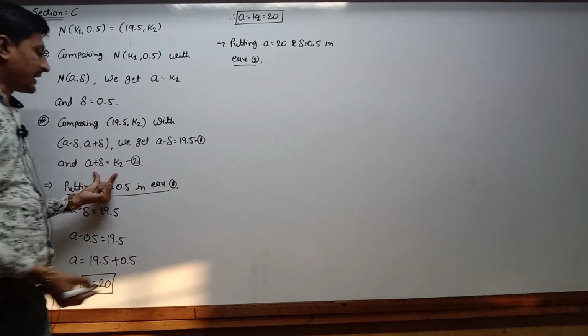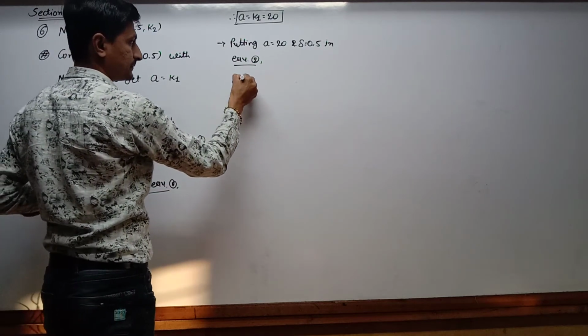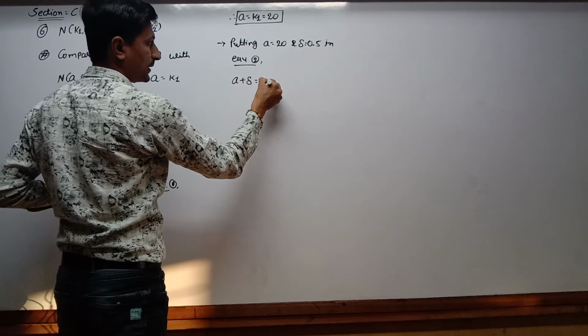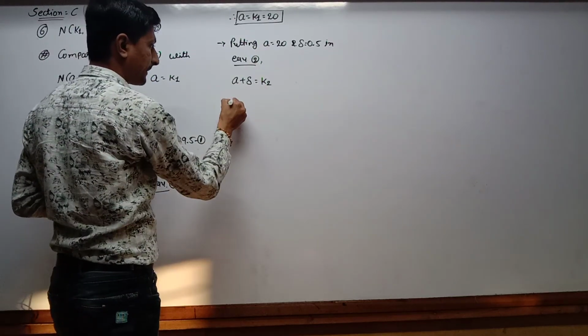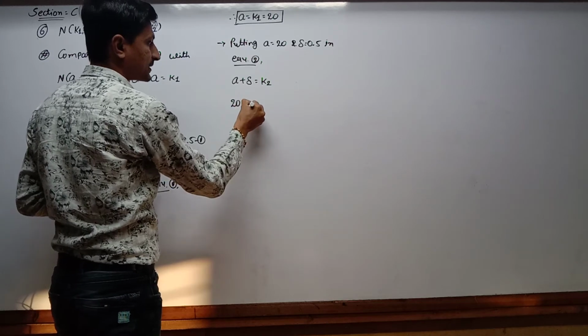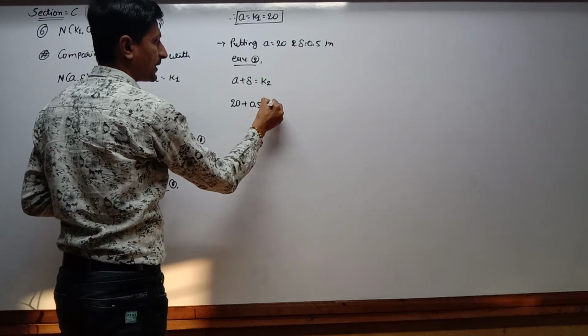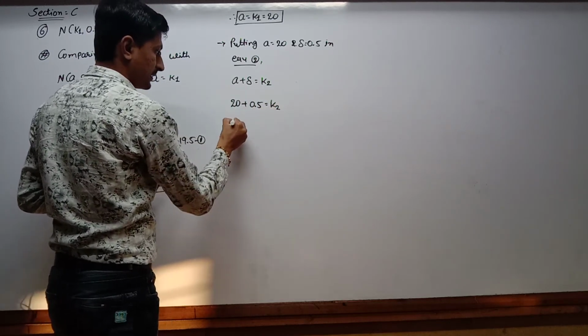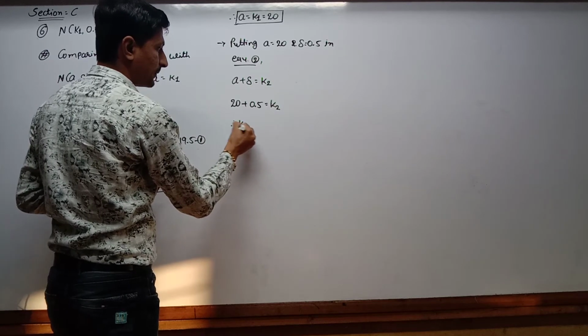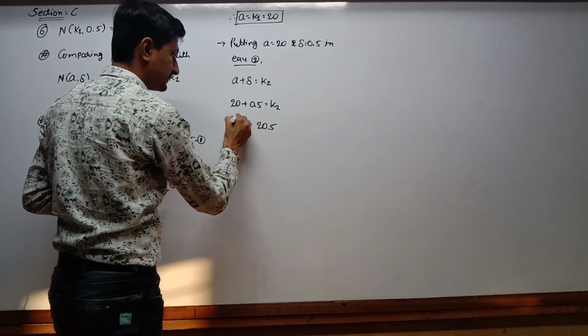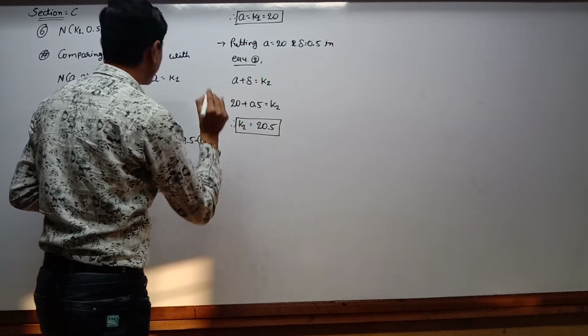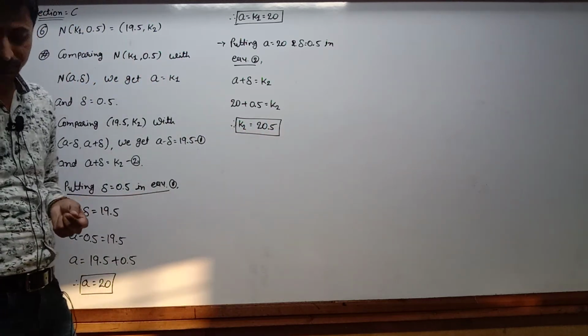So second equation, a plus delta is equal to K2. Now next new line, value of a 20 plus delta 0.5. Therefore K2 is equal to 20.5. So now you have completed question number 6.